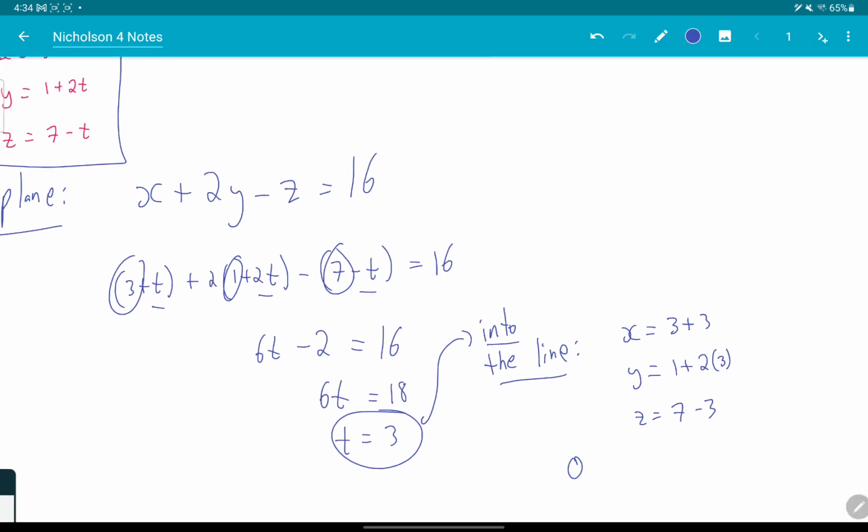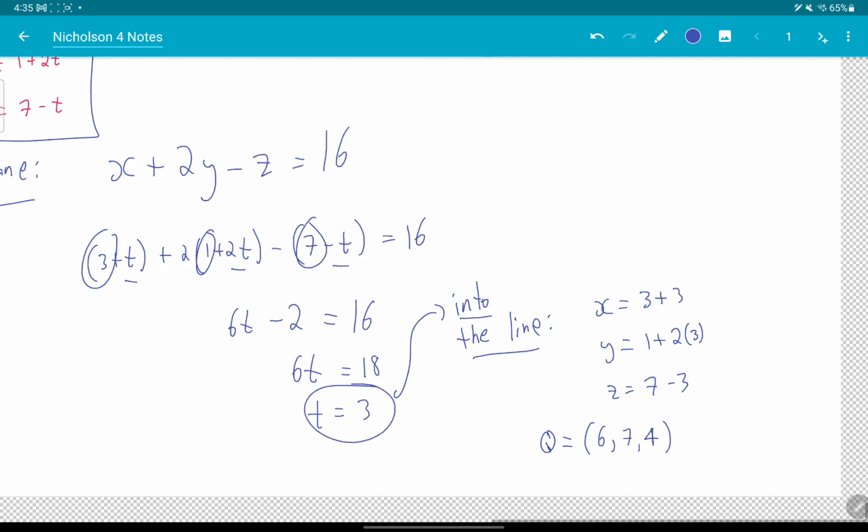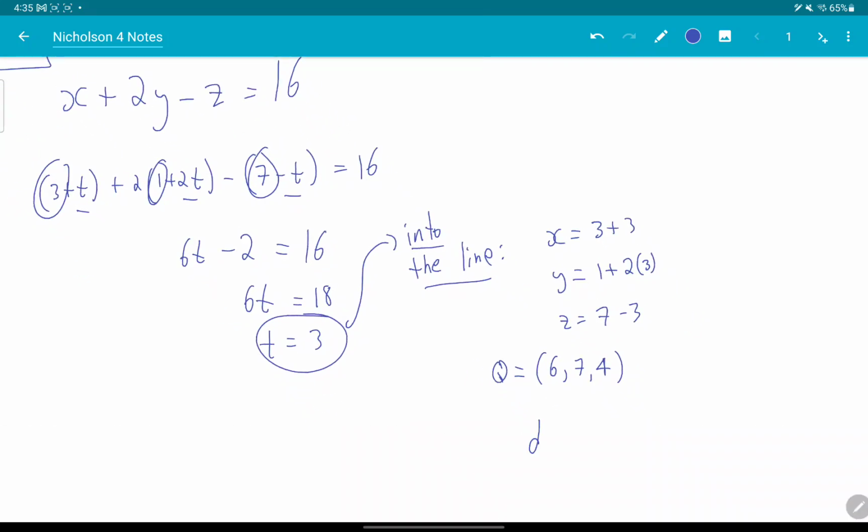So the point Q is equal to 6, 7, 4. Just like I found last time. And the distance is again PQ. And this you could find using the same method as before. I'm not going to change that part of the calculation.